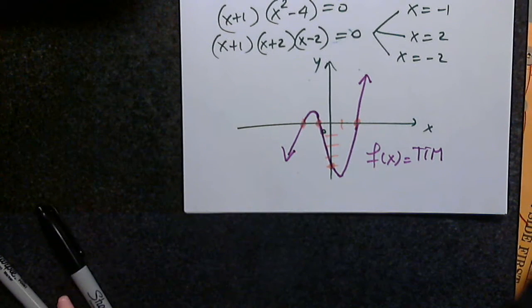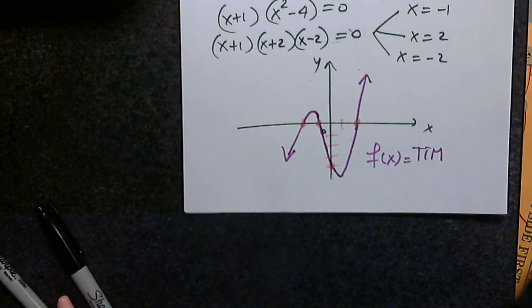So y equals, clear if you have anything in there. Okay, good. So we had x cubed plus x squared minus 4x minus 4, correct?